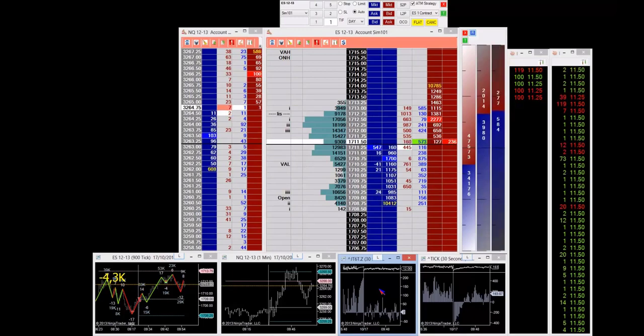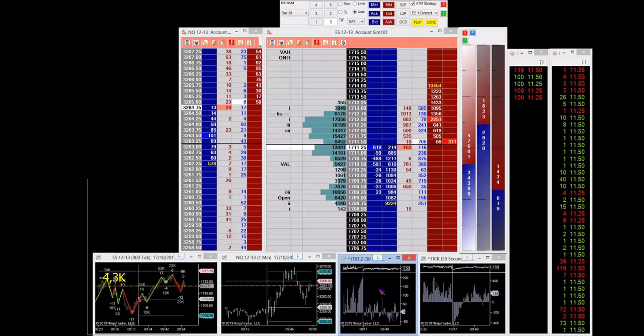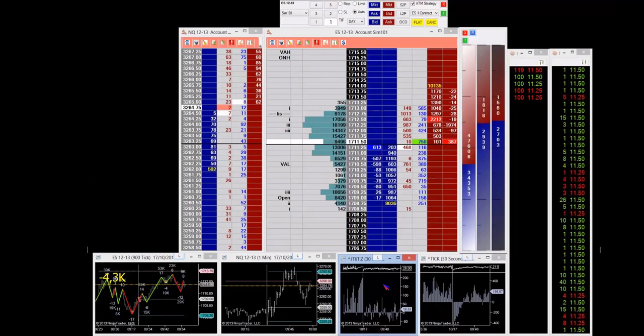Okay, and my observation is that NYSE tick is better at measuring the overall direction because it takes time to turn around, and the market tends to turn around with it. With the S&P 500 tick on the left, it's a lot more volatile, and it tends to turn up and down with every minor move.